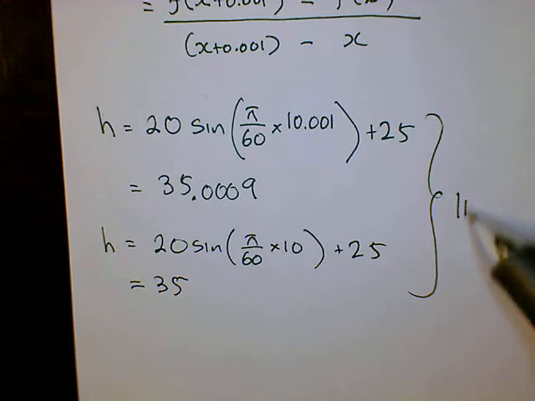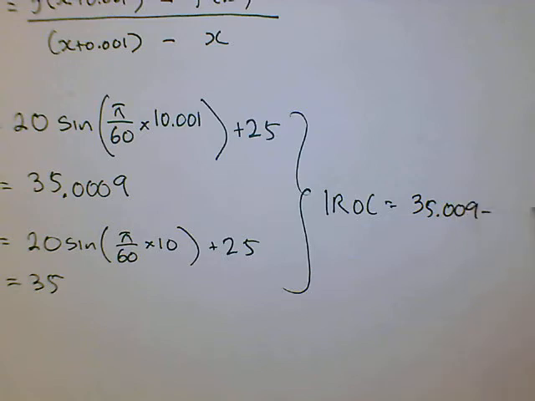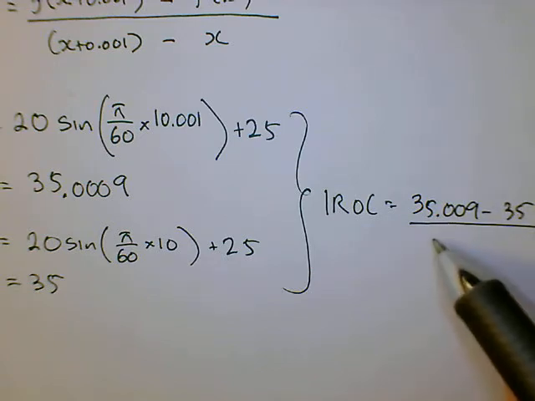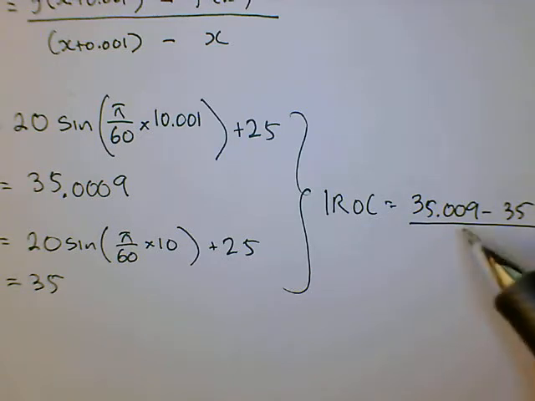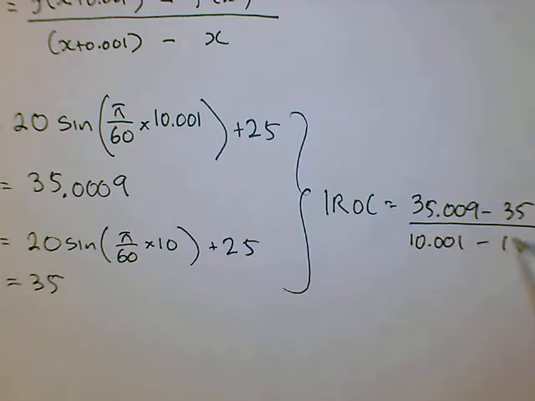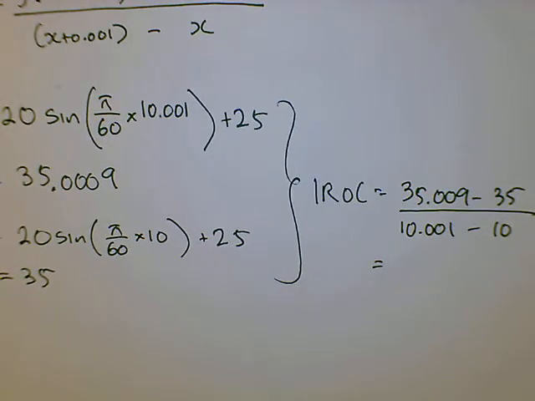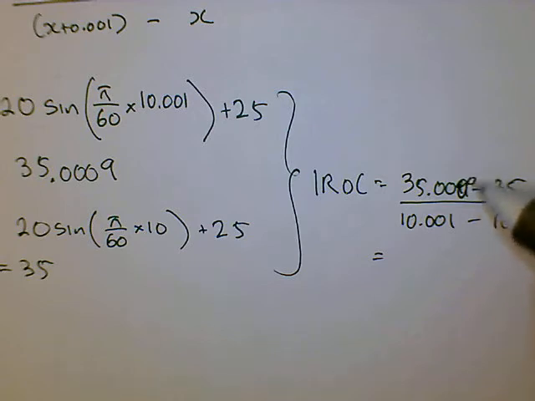Therefore, the IROC is going to be 35.0009 minus 35 divided by 10.001 minus 10. So 3 decimal places. Oh, for the y, yes, that's 4.